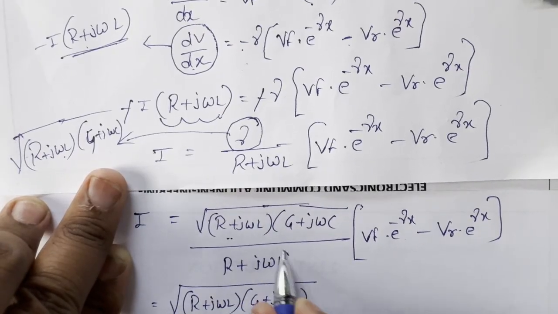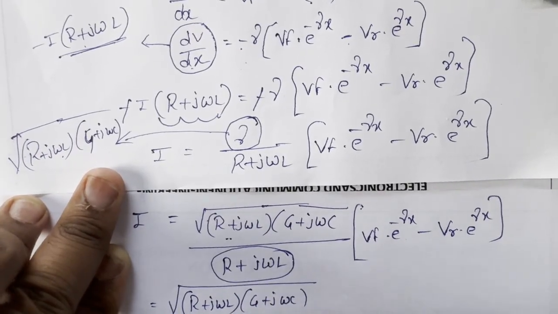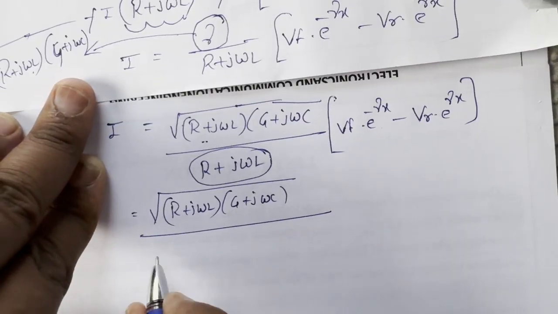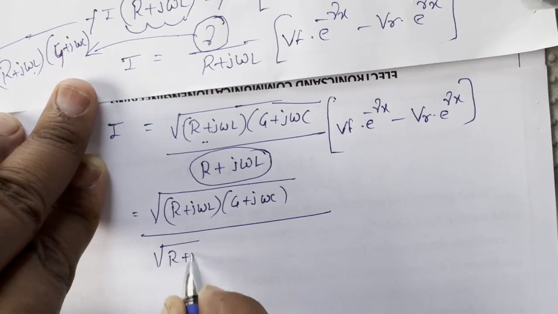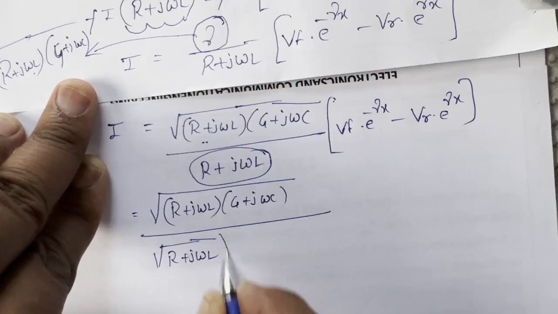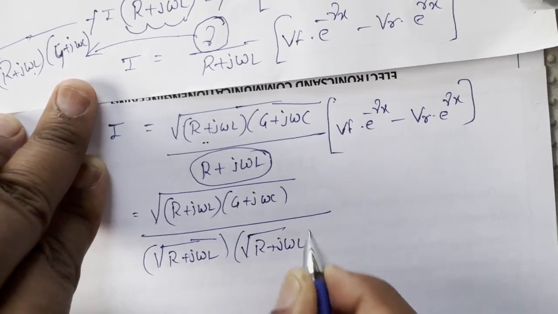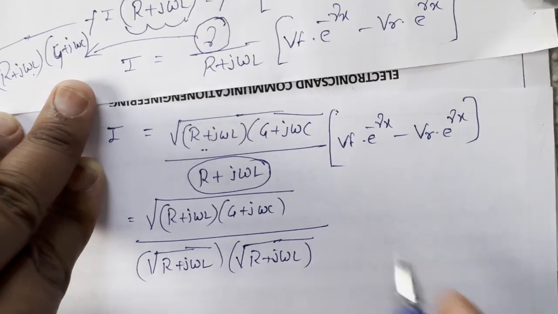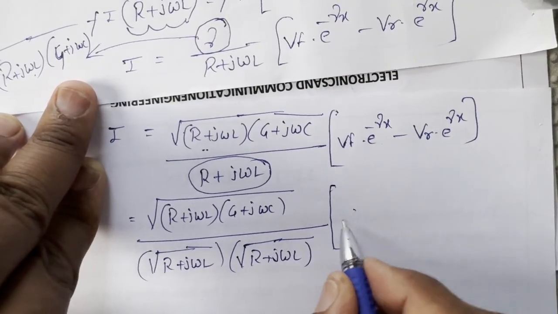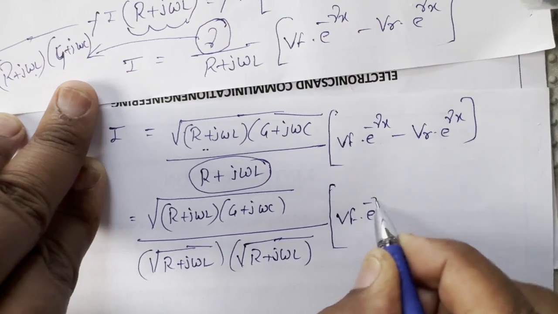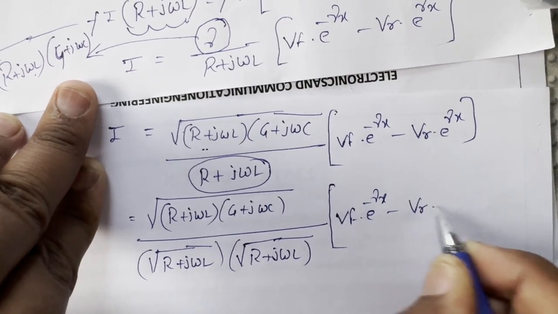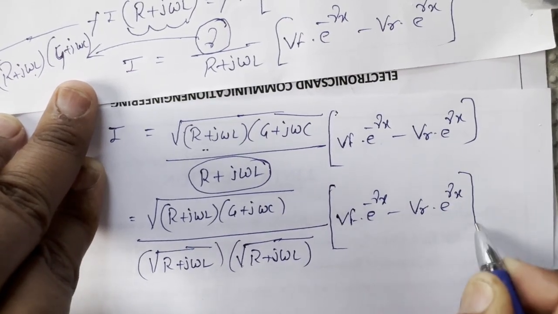this term, I am writing as root of r plus j omega l into root of r plus j omega l. Then it will become r plus j omega l, into Vf into e power minus gamma x minus Vr into e power gamma x.